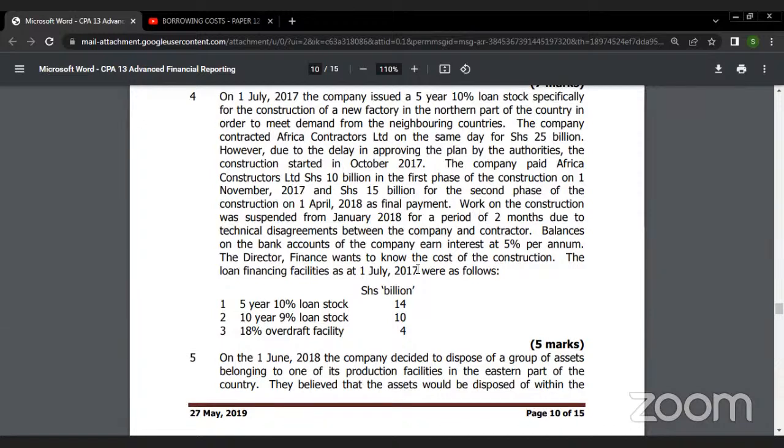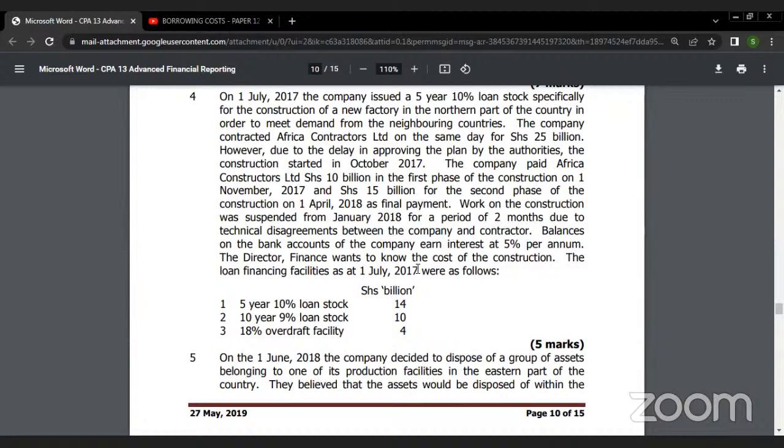So when I minus the 5-year 10% loan stock, the balance is from the general funds. I repeat, we need 25 billion, but this 25 billion is from a combination of different funds.